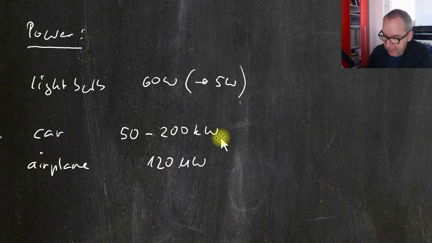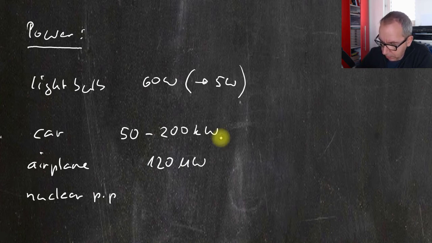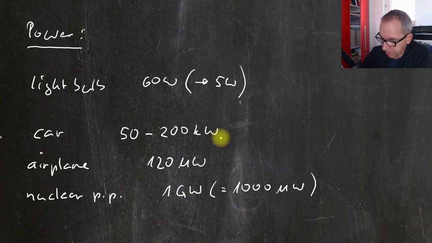Next thing is a nuclear power plant. For example, Gösgen, which has an electric power of roughly 1 gigawatt, which is 1,000 megawatts.